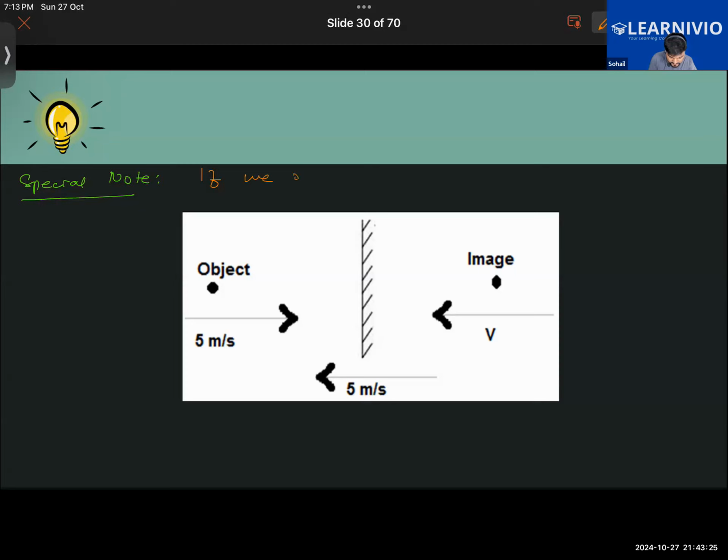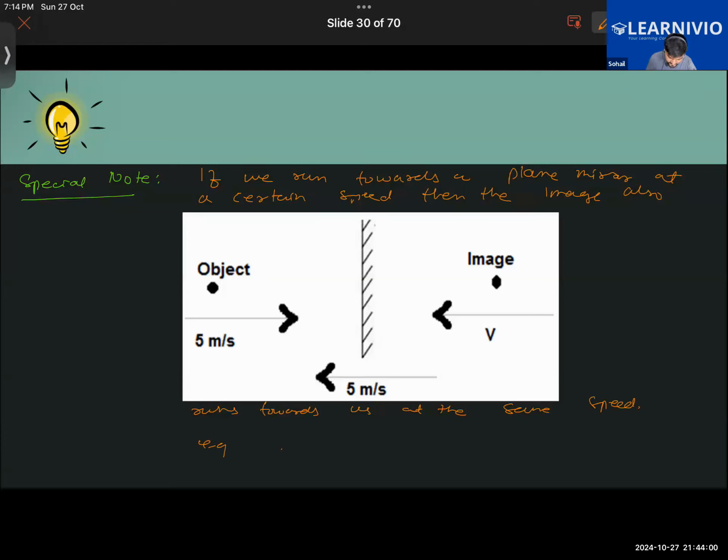If we run towards a plane mirror at a certain speed, then the image also runs towards us at the same speed.